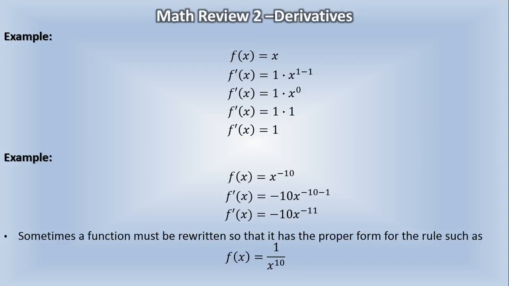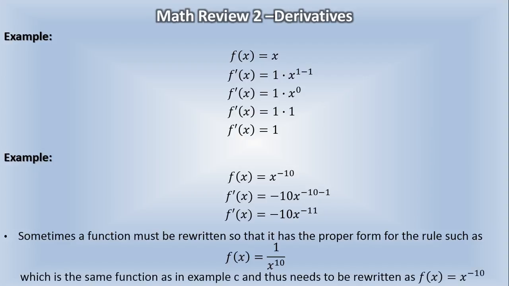You've got to get this stuff straight because I don't want this to be the reason why you don't do well here. In fact, I don't want there to be any reason why you don't do well here. I want you to do well here. So that's why I go over this at least once. Anyway, 1 over x raised to some power is equivalent to x raised to the negative of that power. So you have f of x equals x raised to the negative 10th power there.